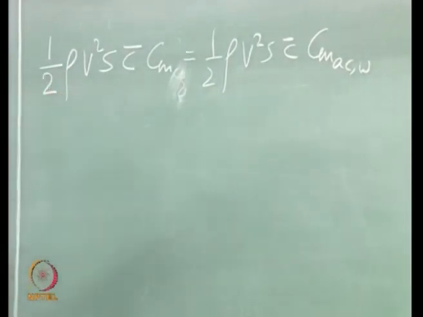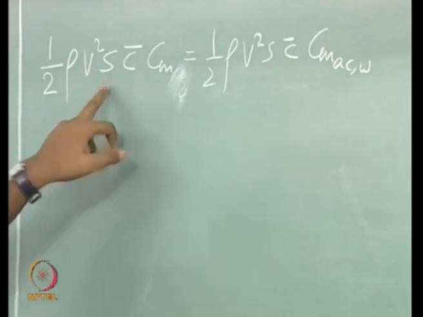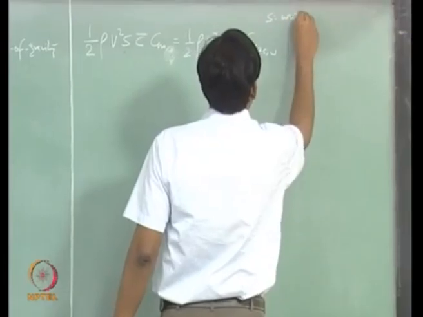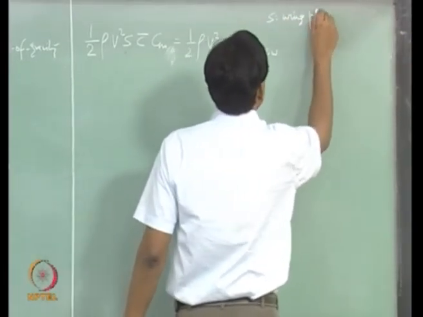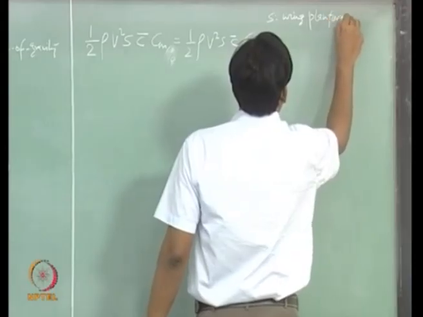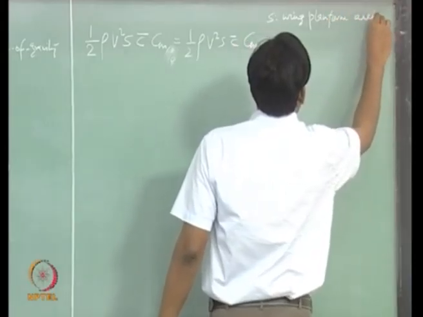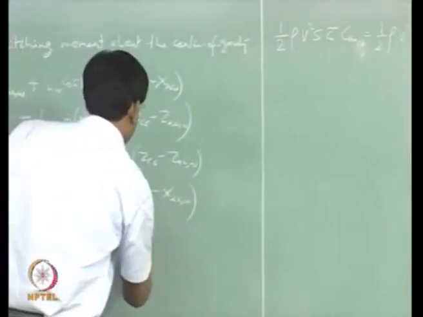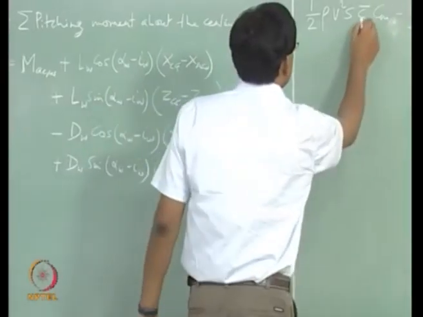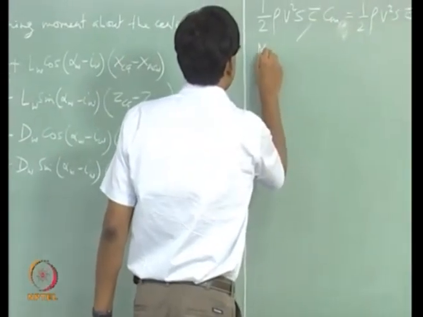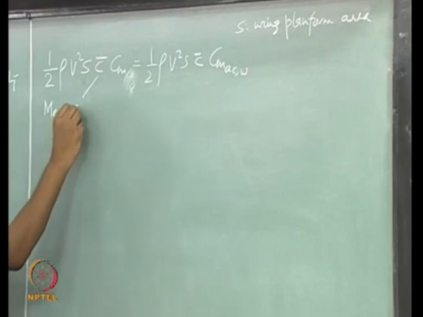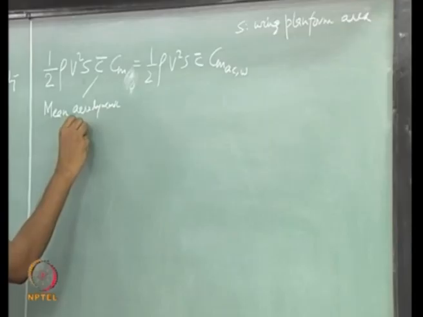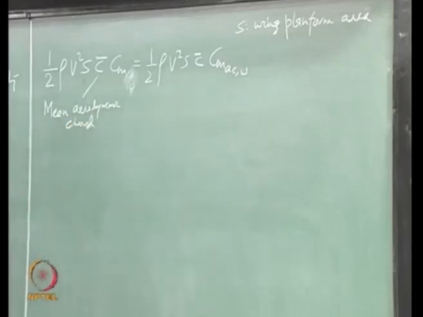Rho is the density, V is the speed, S is the wing planform area, which is taken as the reference area. C bar is the mean aerodynamic chord.